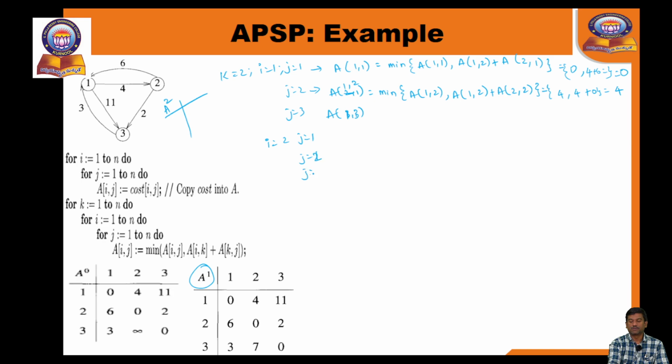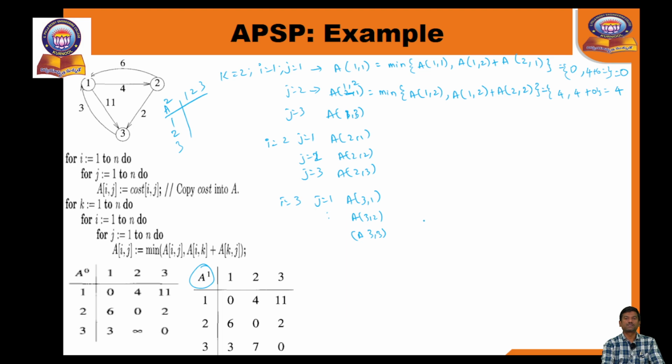That is j equal to 2 and similarly j equal to 3, where you will be finding 2 comma 1, 2 comma 2, A of 2 comma 3. In the same fashion, i equal to 3, j equal to 1, that is you'll be finding 3 comma 1, A of 3 comma 2, and the next one, A of 3 comma 3. So these will be the respective values of your A2 matrix at stage 2.